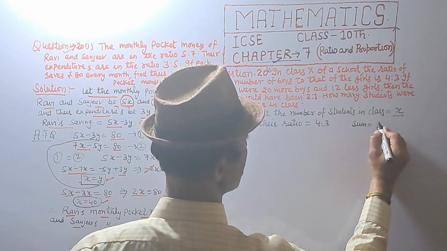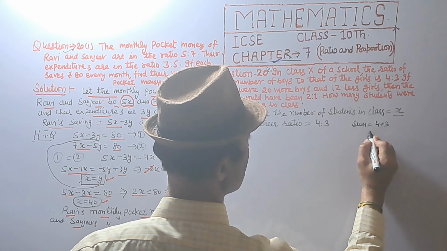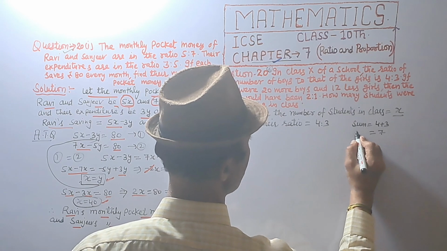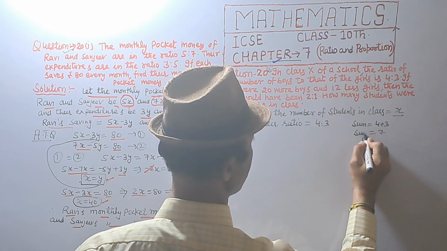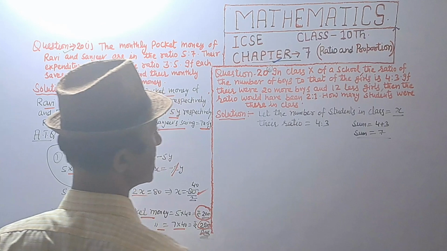Sum of ratios is equal to 4 plus 3, that is equal to 7.